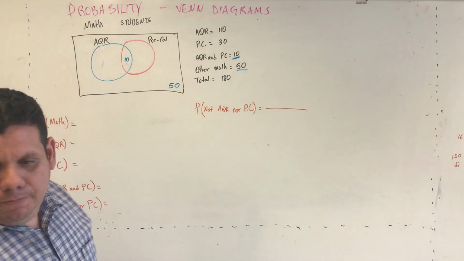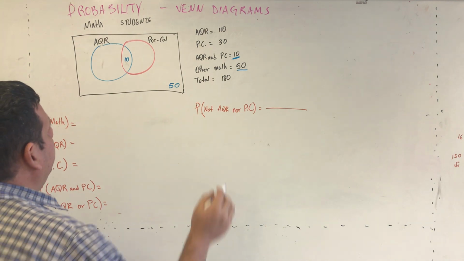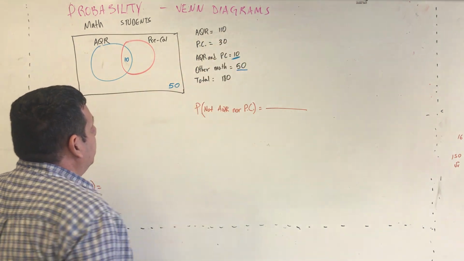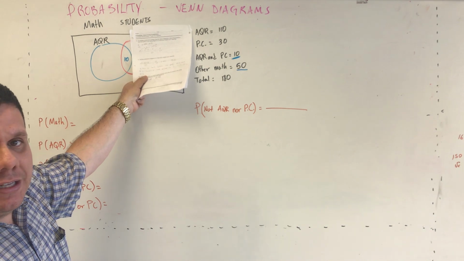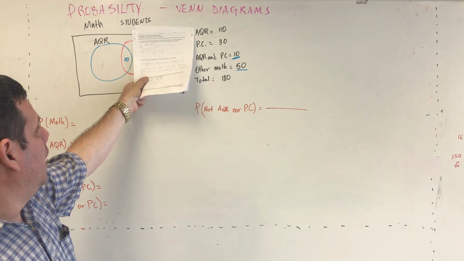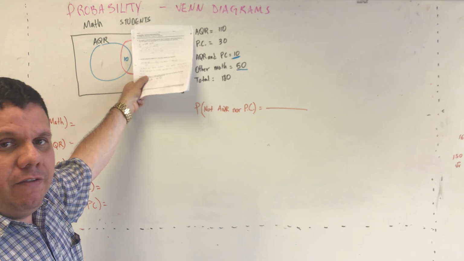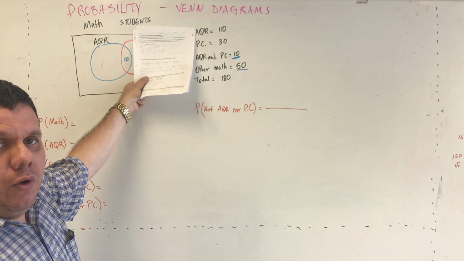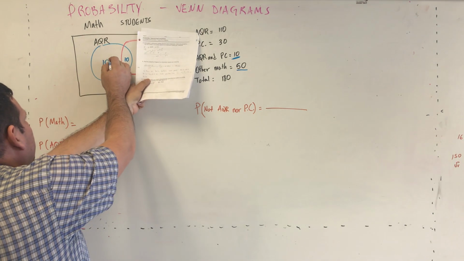Okay, now I need something to cover the first circle. I have some paper right here. Okay, if you see AQR is 110. So I will cover this and I have only the set, the blue circle. And how many students do I need to get the 110 if I already have 10? Well, I need 100. So I will write 100 right here.